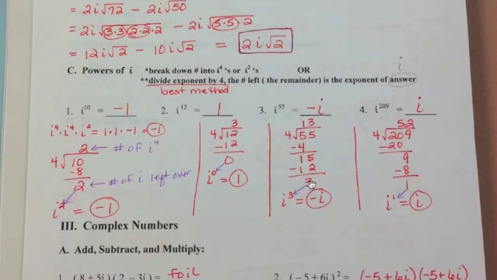So the 3, which is the remainder, becomes the new power of i, and i to the third power is negative i. And finally, 4 goes into 209 52 times with a remainder of 1. Again, the power goes there, and i to the first power is the same as simply i.